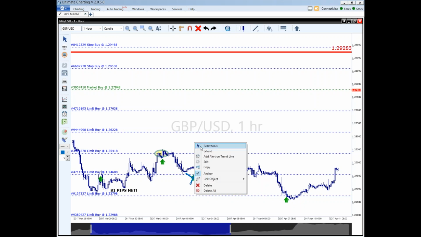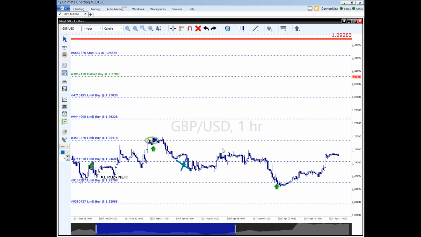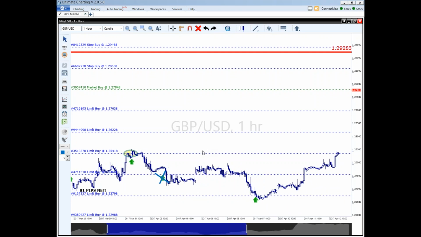This one's down right now. The first one's still down. So as the market comes back up, guess what just happened? Okay? Now, this trade is at break even, and our 81 pips net just took place. And we got our 81 pips net for the move.